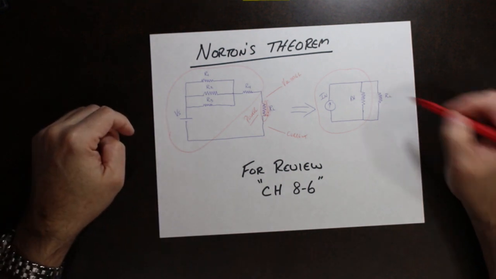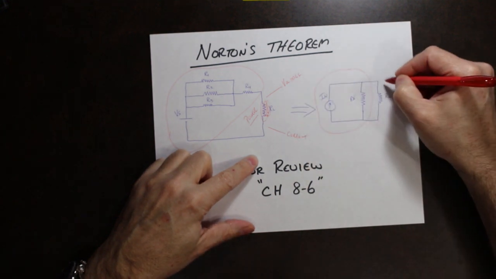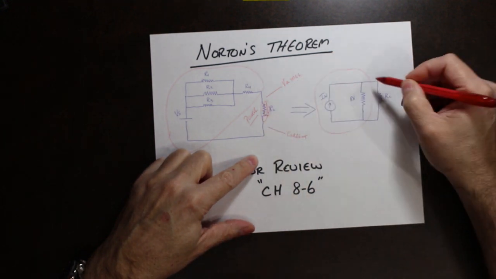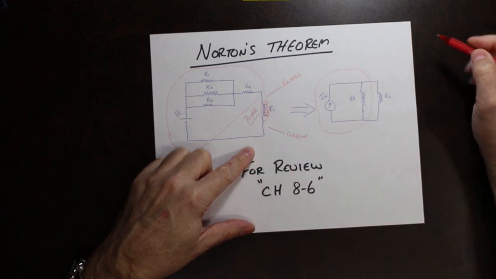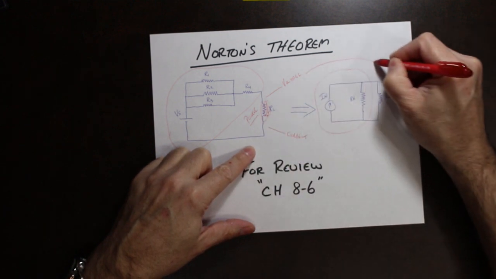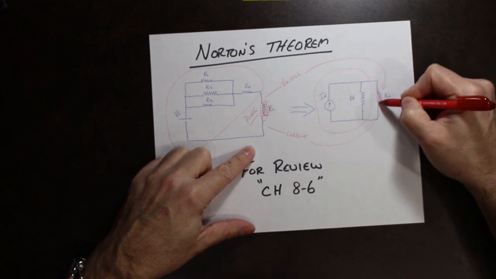Very, very easy. Again, the voltage across this resistor, the current flowing through this resistor, and the power that this resistor dissipates would be exactly the same in this circuit.